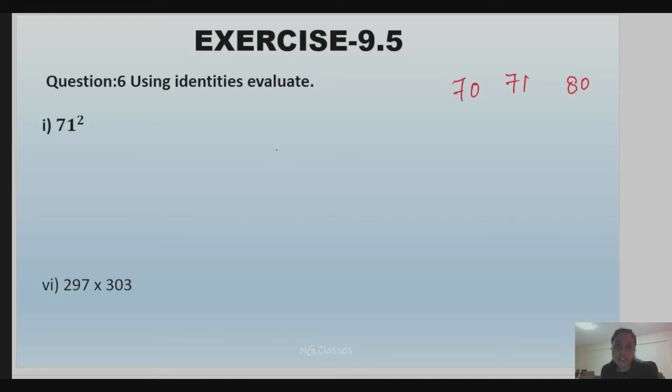We can write this 71 as 70 plus 1 or 80 minus 9. Any one of these two representations you can take here. I am going to take the first one, that is 70 plus 1, whole square.